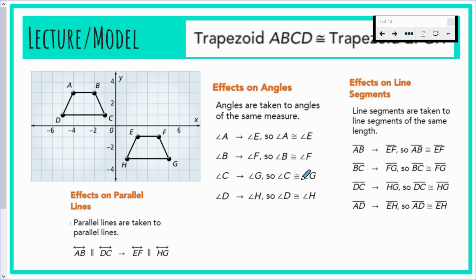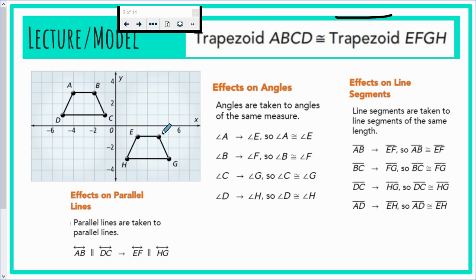All right, so as we've already talked about, angles, line segments, and parallel lines all still apply with a new figure. So here, trapezoid ABCD maps onto trapezoid EFGH. So what this is going to mean is that side AB would be congruent to EF, side CD would be congruent to GH.